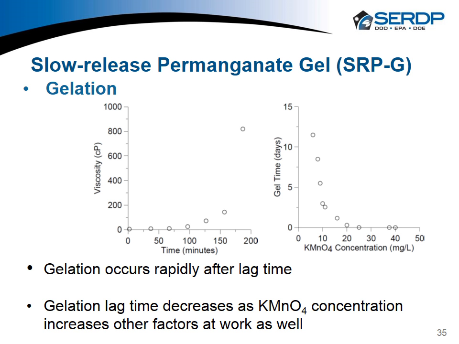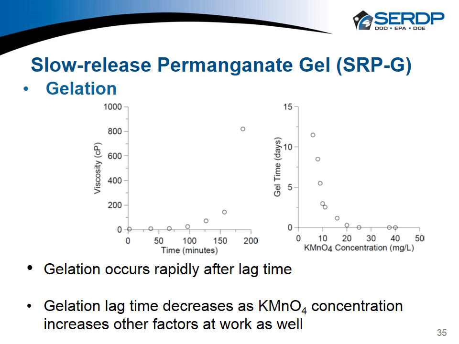And then the graph on the right shows the gelation lag times, how they changed with the potassium permanganate concentration in the solution. As we can see here, higher potassium permanganate concentration resulted in a much shorter gelation lag time. If it's higher than 20 milligrams per liter, then the gelation lag time was basically less than an hour.